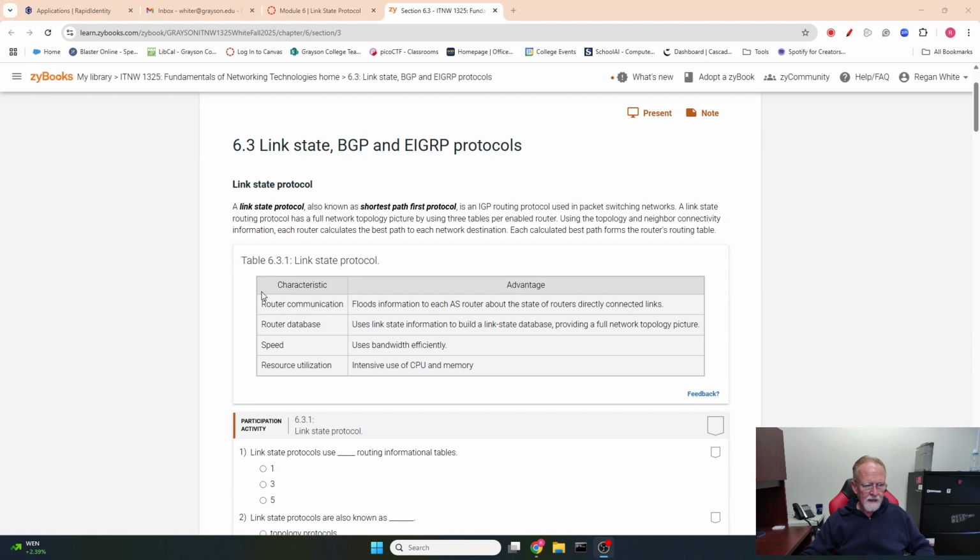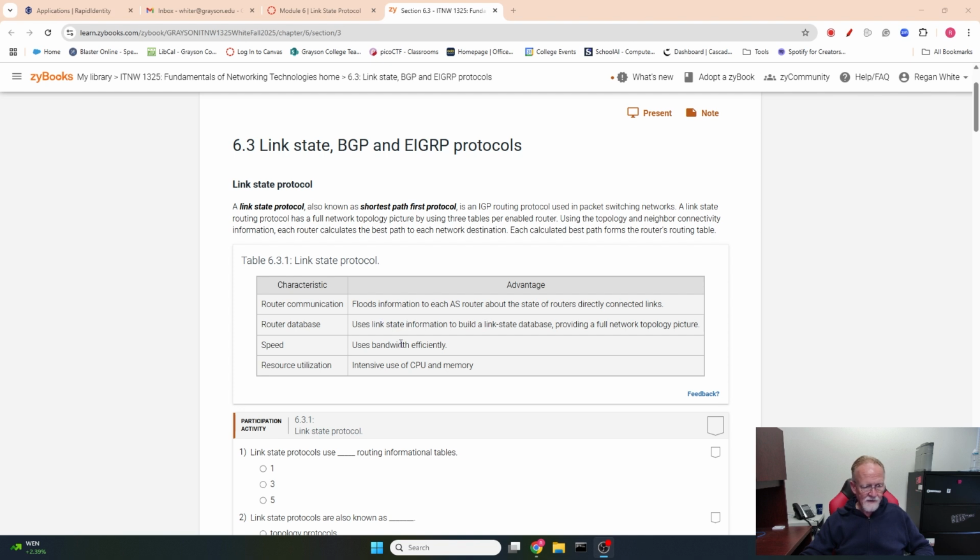So if you look at this, is the description table. It kind of describes what it is. Router communication: it floods information to each of the routers on the network, and it determines their connection status. It creates a database of routers and link status on the network.